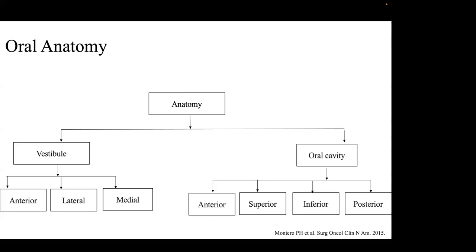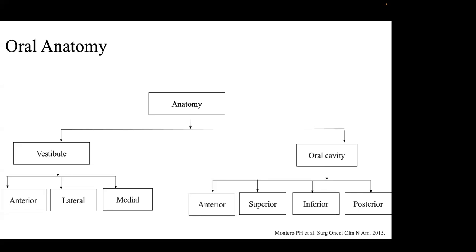Furthermore, the oral cavity is demarcated anteriorly by the inner gingiva of the maxillary and mandibular processes. The roof is formed by the hard and soft palate.